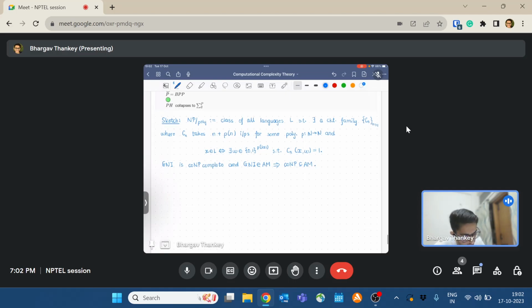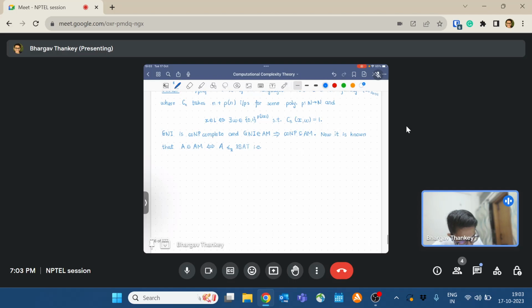Now it is known that a problem A is in AM if and only if A randomly reduces to 3SAT. And what do I mean by random reduction? This is almost like a polytime Karp reduction, but now the function that computes the reduction is itself random.